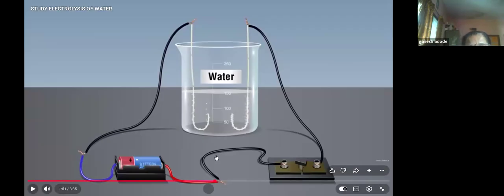The instrument which is used is the electrolytic cell. Within this electrolytic cell, two electrodes are used.